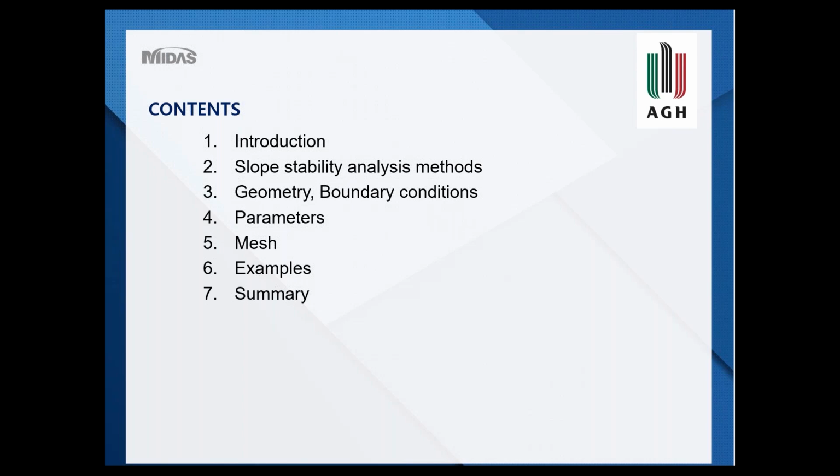Then about meshing and size of parameters in relation to factor of safety values, because this is a very important thing in slope stability analysis. And after this, a few examples, and then at the end, a summary.